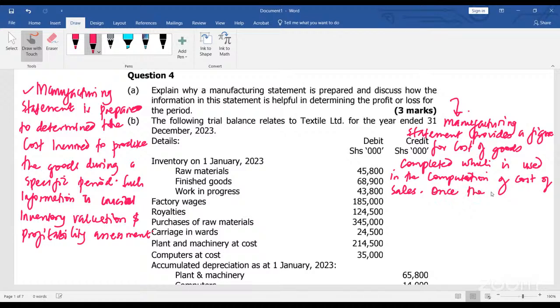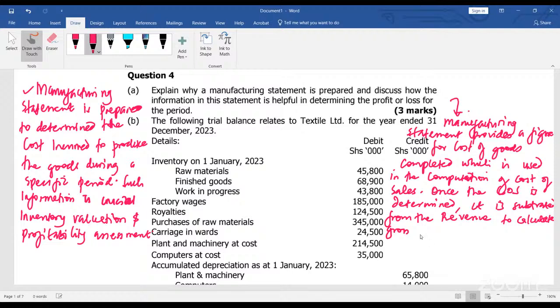So once the cost of sales is determined, it is subtracted from the revenue to calculate gross profit.